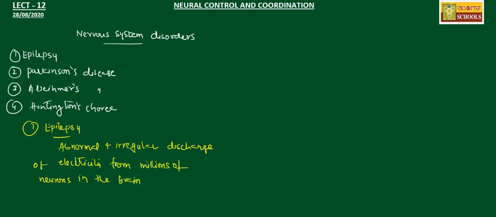So what are the causes of this epilepsy? The causes may include a brain damage during childhood, and then there may be certain conditions like encephalitis, which is inflammation of the brain, or meningitis, which is inflammation of the meninges.